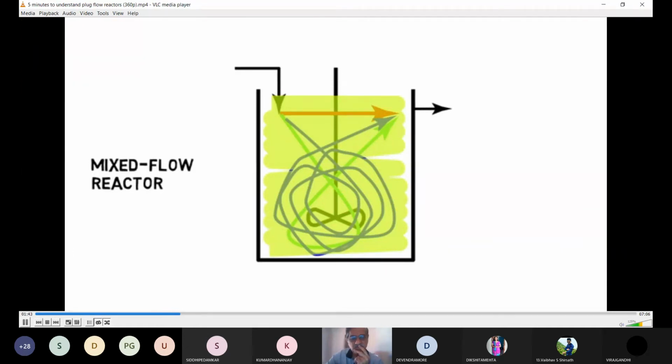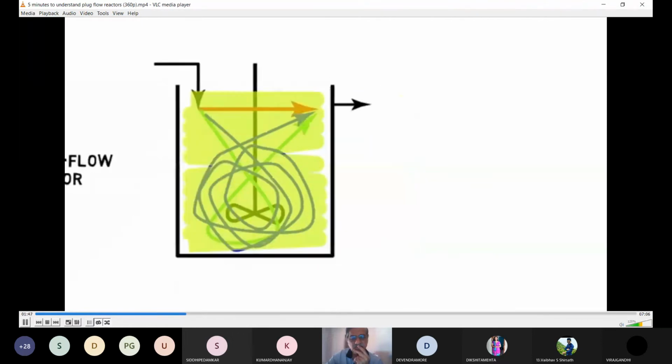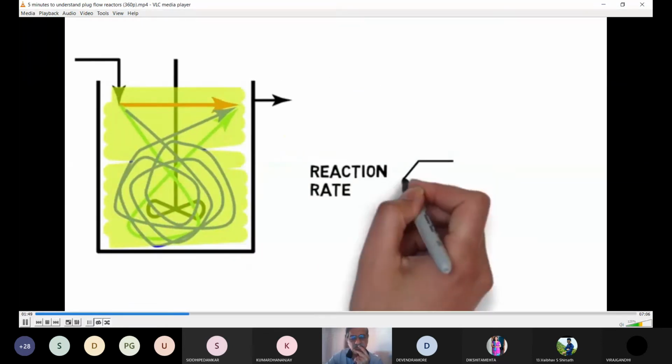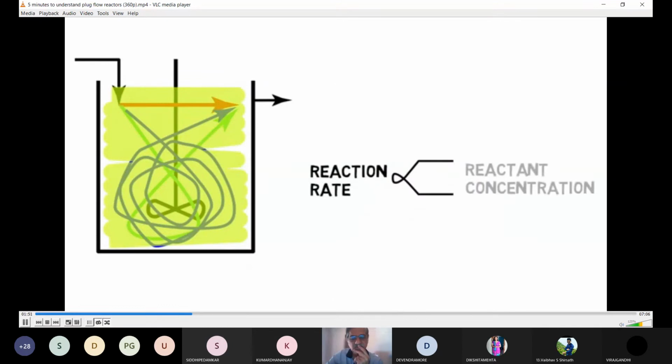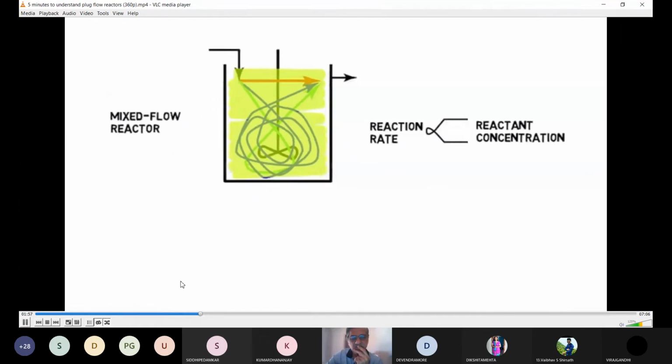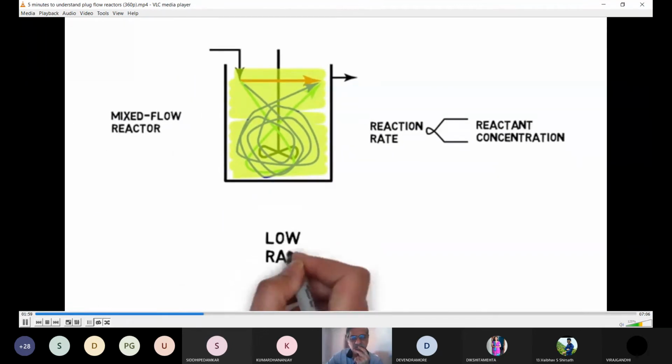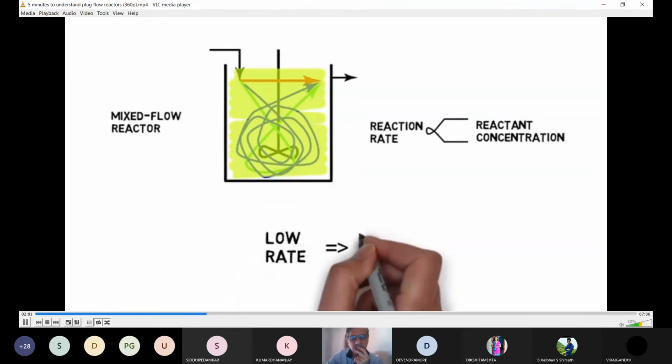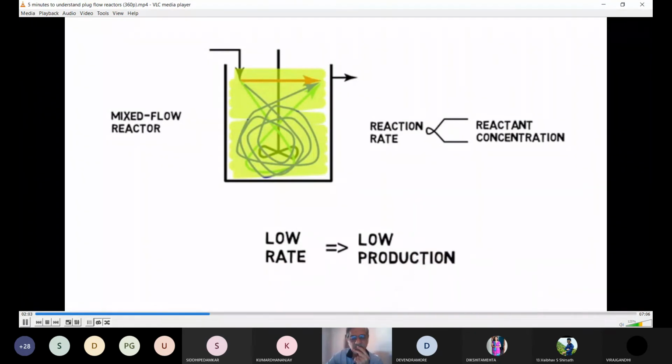And this concentration is low because it corresponds to the concentration at the outlet of the reactor. However, the reaction rate is usually proportional to the reactant concentration. Hence, in a stirred tank reactor, the reaction rate is low throughout the entire volume of the reactor, and this results in a low production of the molecule of interest.